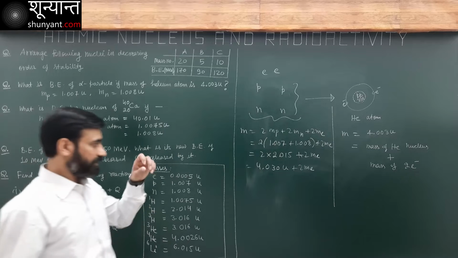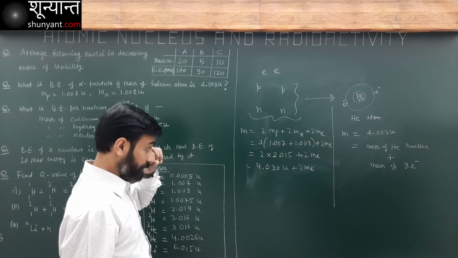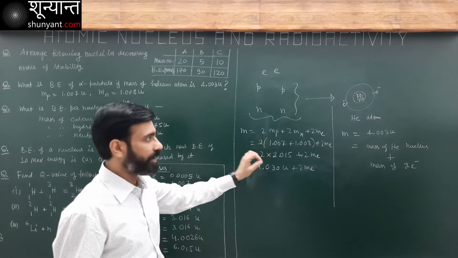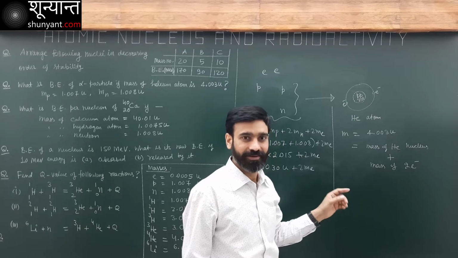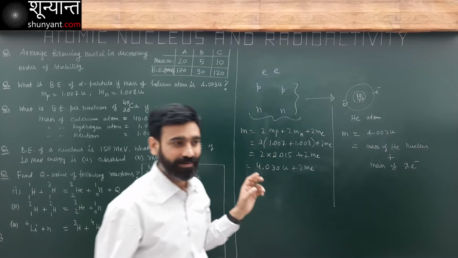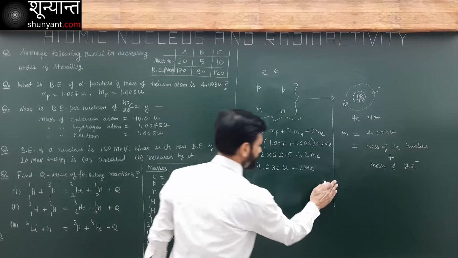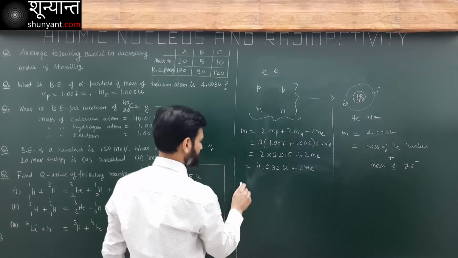Now this should have been the mass of this helium atom, but it is not. It is different. Then what is the mass defect?